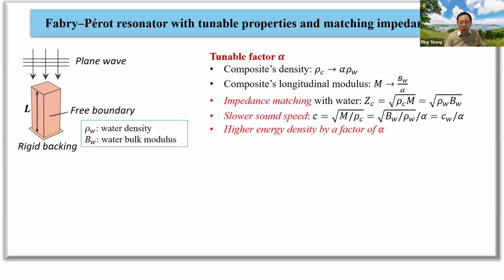And the advantage of that is that not only can you shorten the absorber, because now the wavelength is much shorter, and the energy density is higher by a factor of alpha. This also means it can be not only a good absorber, but also a good underwater sensor. Why? Because you just put a thin piece of piezoelectric inside each composite.